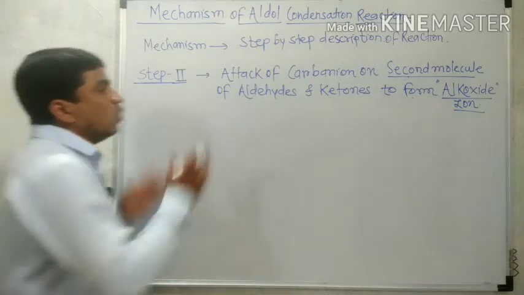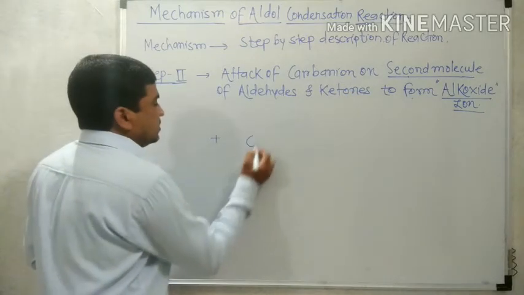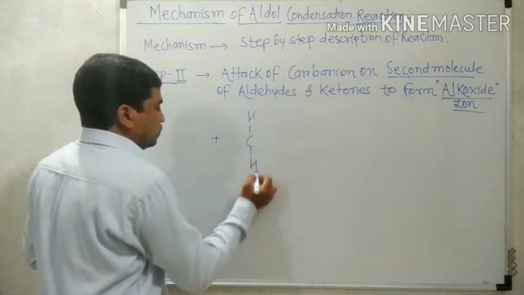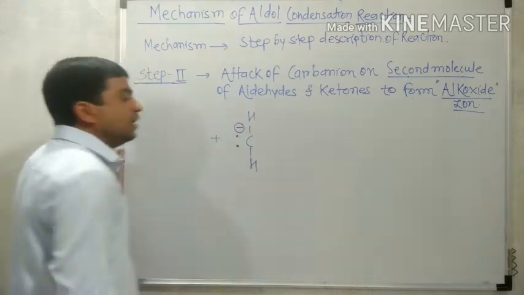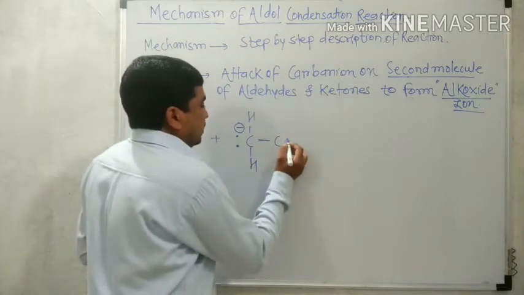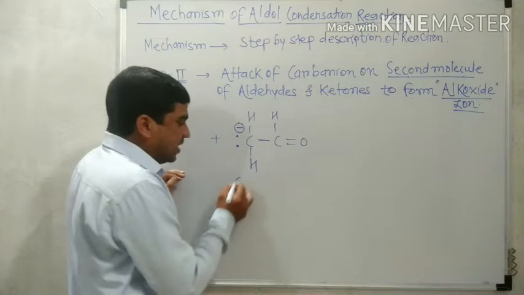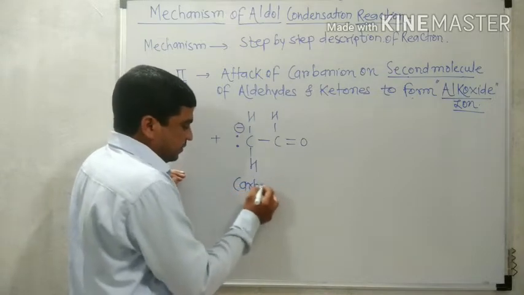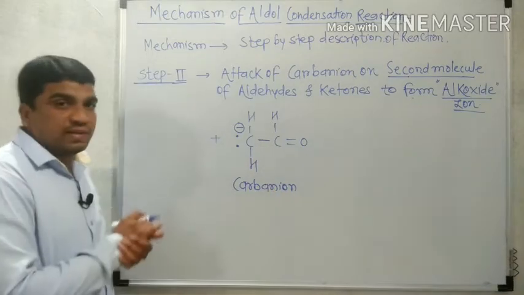Now, how is the alkoxide ion formed? We know that the CH2 carbon contains a lone pair of electrons, that is an electron-rich carbon, therefore having a negative charge. CHO. We know that this is the carbanion of ethanal, because we are going to discuss the example of ethanal.